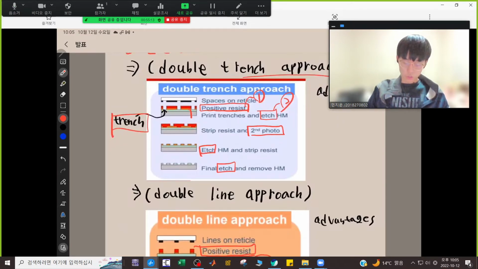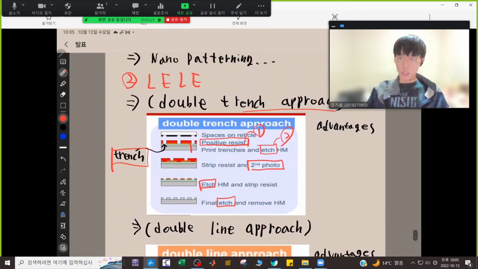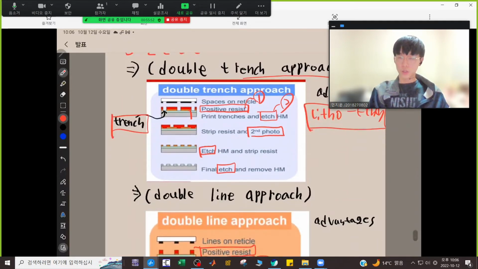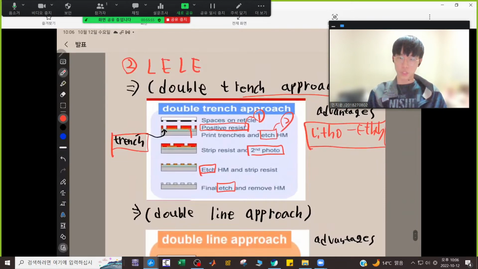And next, we also etch this hard mask and the silicon dioxide, then we can get the nano pattern. This litho-etch method has a process where first we litho and second etch, and this process is repeated, so we call this the LELE process.